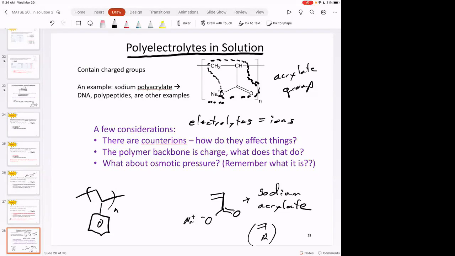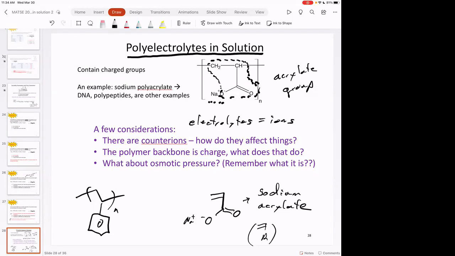When we put this polymer in water and it's hydrophilic, what happens to the ionic groups? They just float apart, just like sodium chloride would do. But instead of the chloride floating away as an atom, it's all tied to a polymer. And we'll see what that picture looks like.